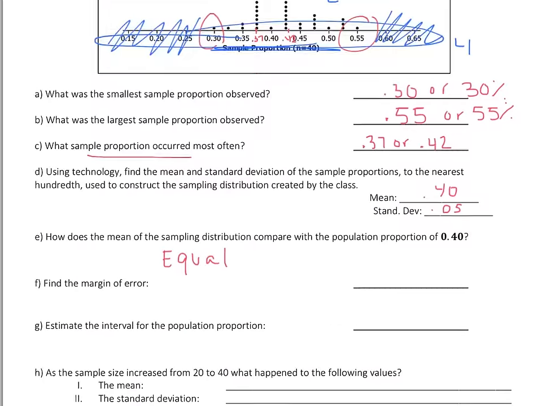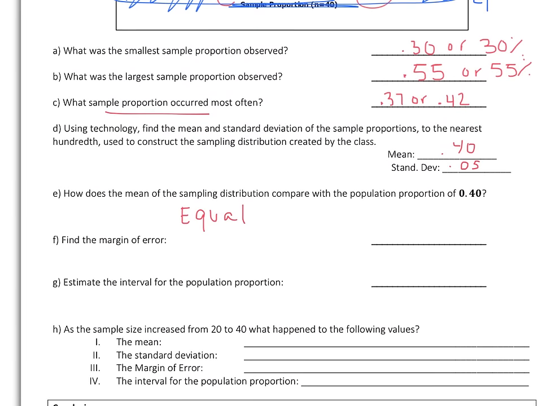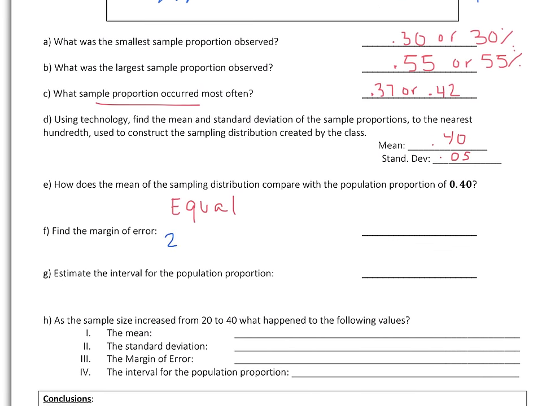Now let's look at the margin of error. The margin of error is 2 times the standard deviation again. Standard deviation in this case is 0.05. So 2 times 0.05 is 0.10, or about 10%. So let's use this to estimate the interval.